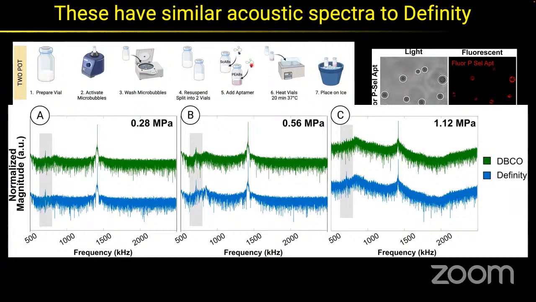And when we worked with my colleague Laura Curell out of University of Calgary, she was able to look at the acoustic spectra of these, and we compared it to a current commercial ultrasound microbubble called Definity, which is a somewhat similar approach to synthesis, with a couple of different lipids. But we were able to see that we actually had very similar acoustic profiles to Definity. So it looked like we were going to be able to actually identify it when we imaged it.